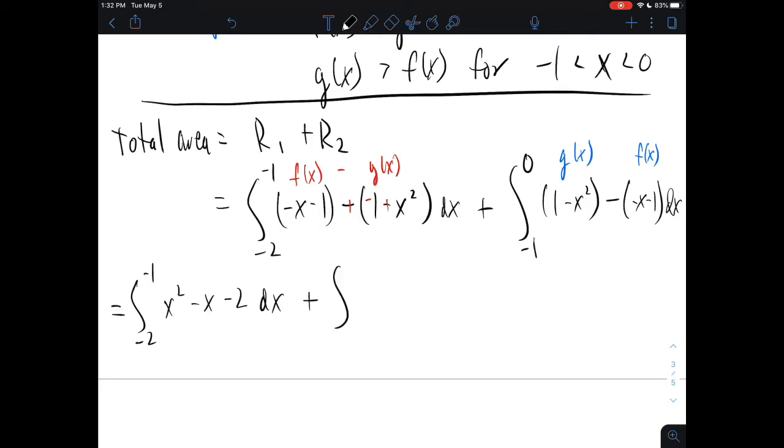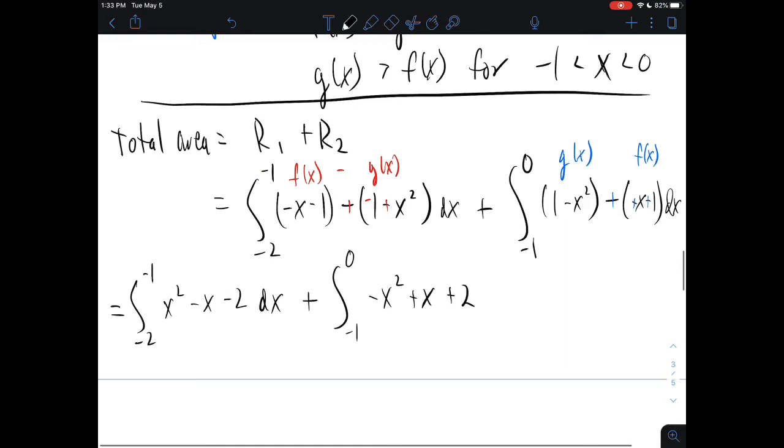And then the other integral from negative 1 to 0, I would have negative x squared plus x and then plus 2. You can see that the integrands are actually opposite signs. So then, just doing some antiderivative work and evaluating, we can get a final answer.